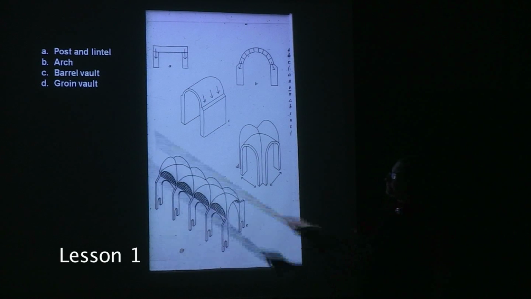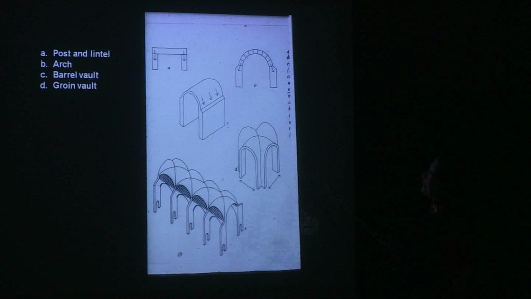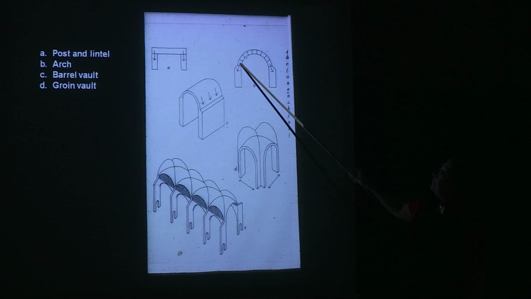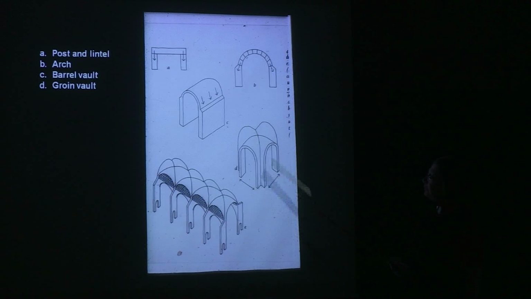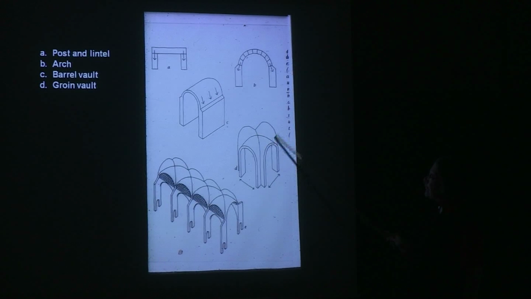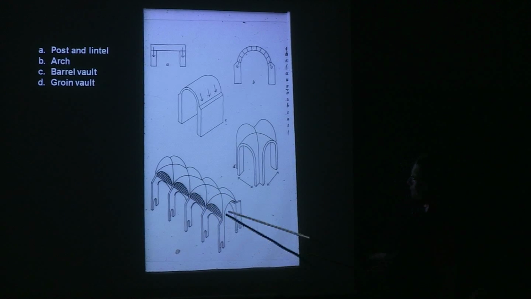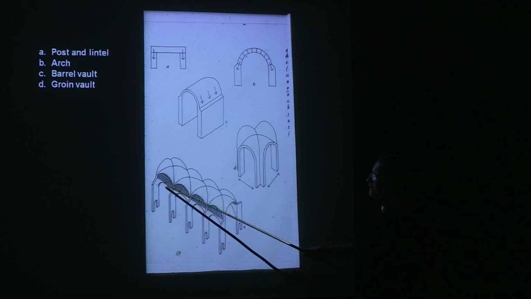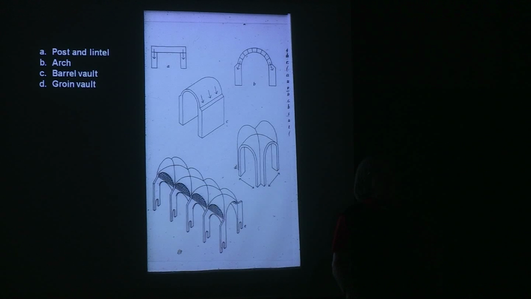Groin vault, which you see here in this configuration. And then, just as you can create a barrel vault from the horizontal extension of the arches, you can extend the groin vaults, put them side by side, as you see here, and then open up the spaces as lunettes here to allow light to come in.